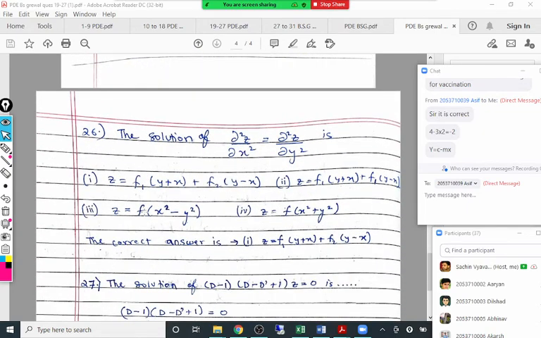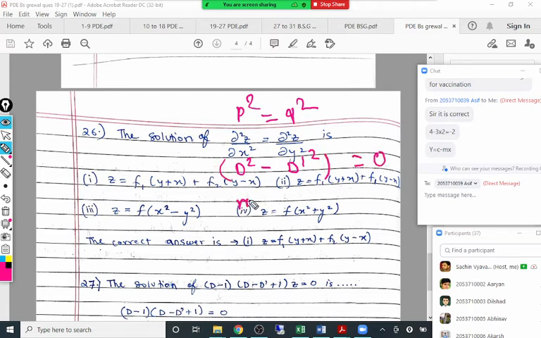26th, we have to solve this differential equation. Del 2z by del x square equal to del 2z by del y square. It is actually p square equal to q square, but it is a second order, so it is better you go this way. It is not a first order PDE, so whenever higher order are there, you can take it as d square minus d dash square equal to 0.